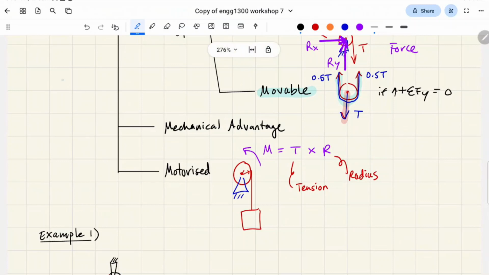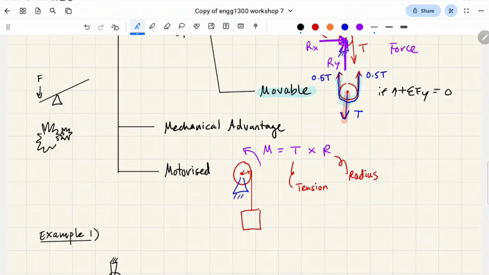So you'll find in your degree there's a few types of components, or machines they're called, which can give you a mechanical advantage. One is a lever, right? Another is gears.